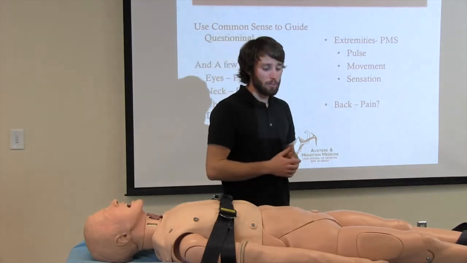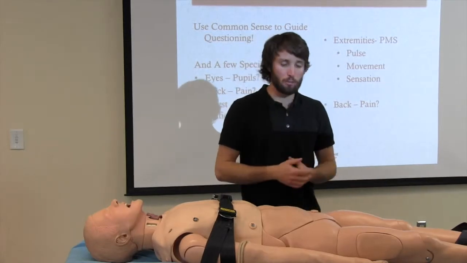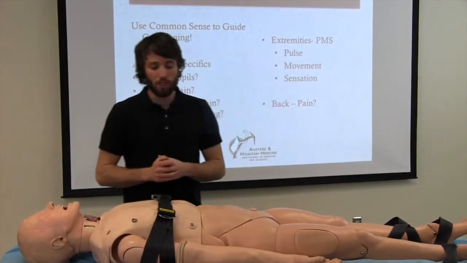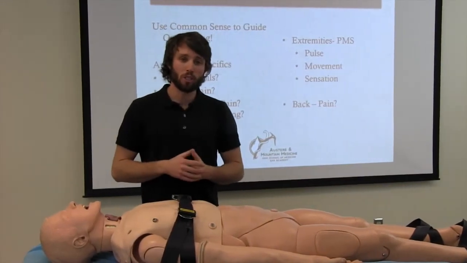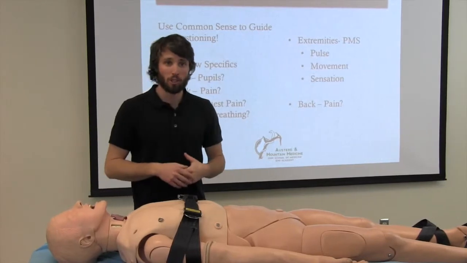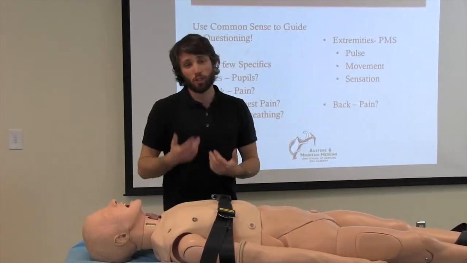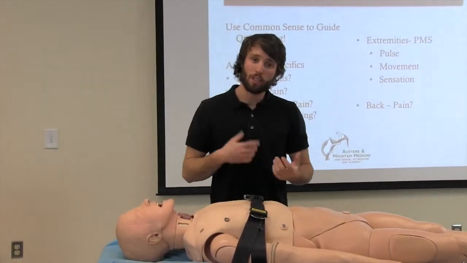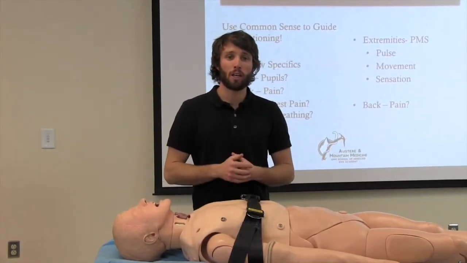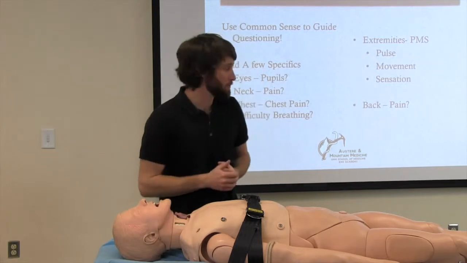We want to move down to the pelvis and make sure that the pelvis is stable. We're also going to check all four extremities for what we call perfusion, motion, and sensation. So we want to make sure that there's strong pulses, that we have good skin color. We want to make sure that they have intact sensation as well as movement. And I'll show you again how to assess these just in a moment.